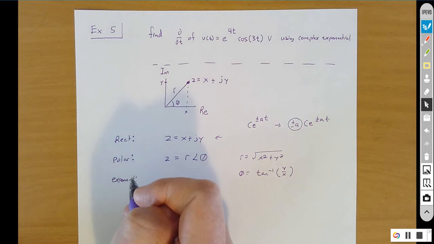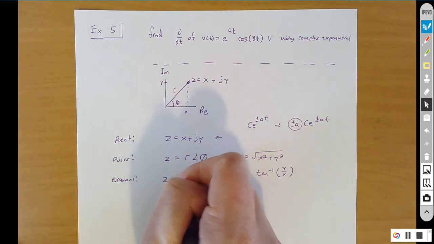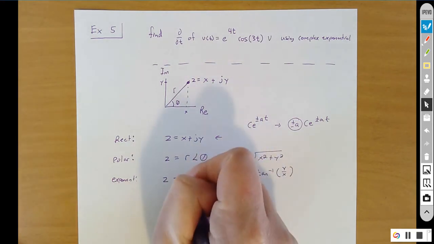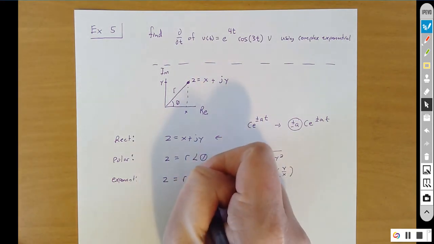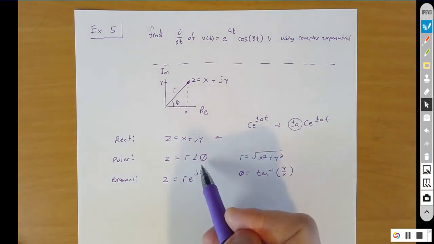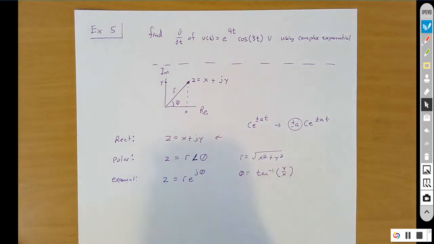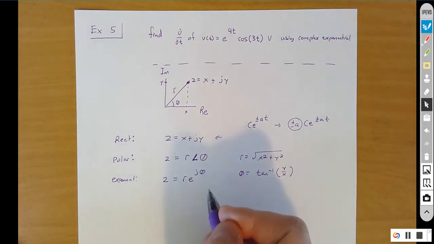In exponent form, z is equal to r e to the j theta. We don't ever actually need to go to polar form, but it helps you see how they relate. Then once we get all of that put back together, we can do some math.